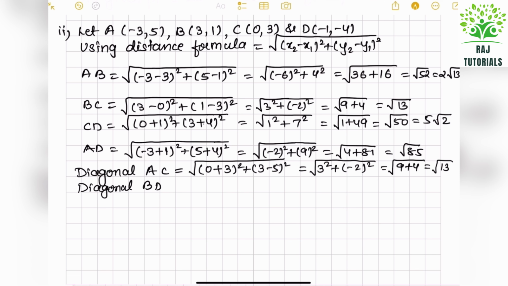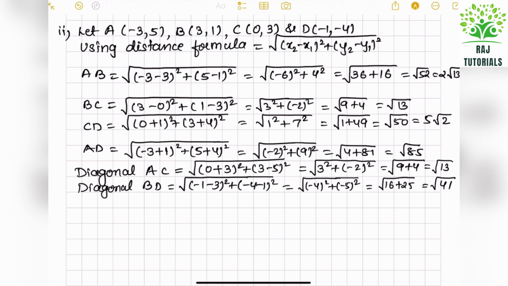Now diagonal BD: (-1 minus 3) whole square plus (-4 minus 1) whole square. So that is (-4) square plus (-5) whole square. So that is coming to 16 plus 25, root 41.